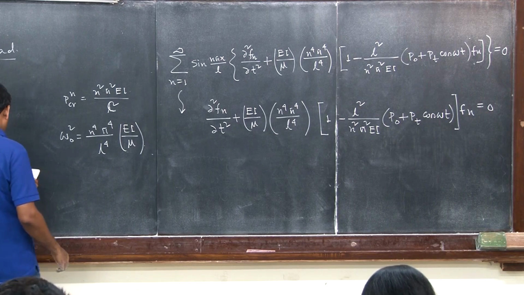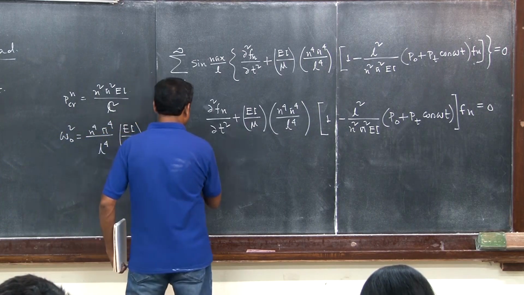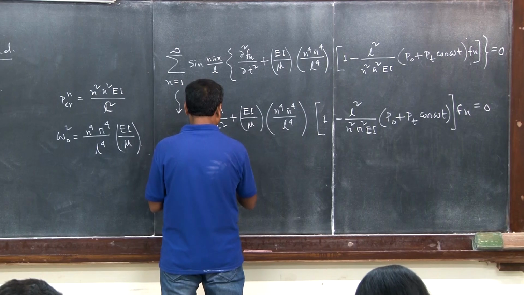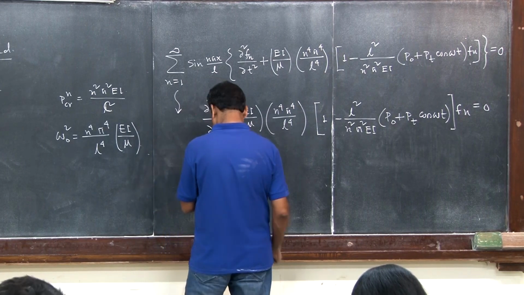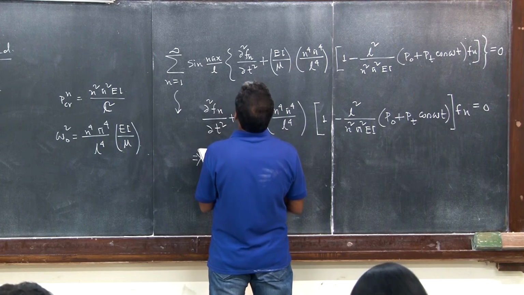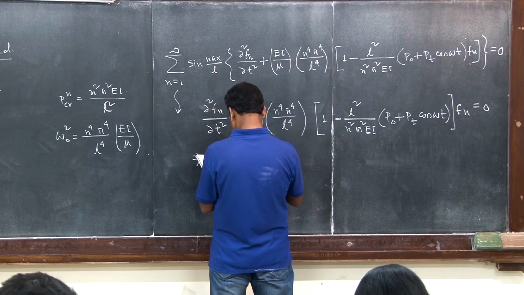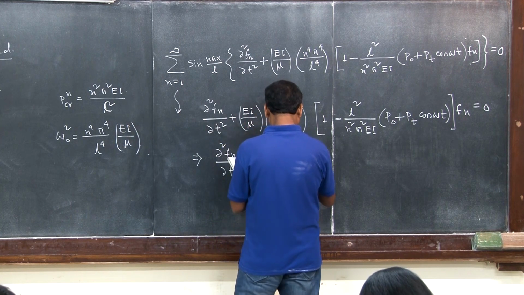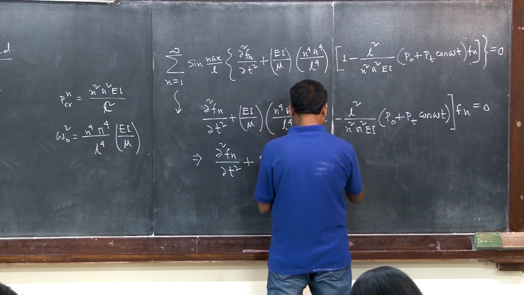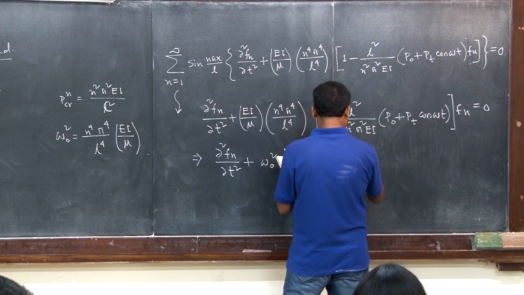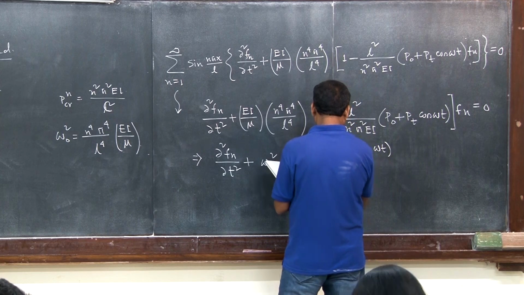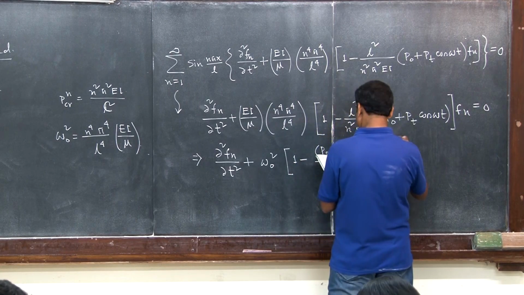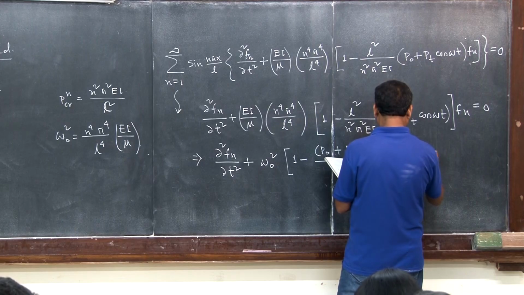Then, if we define that, this equation can further be simplified as d2f_n/dt2 plus omega 0 square (1 minus (P0 plus Pt sin omega t) divided by P critical n) f_n is equal to 0.